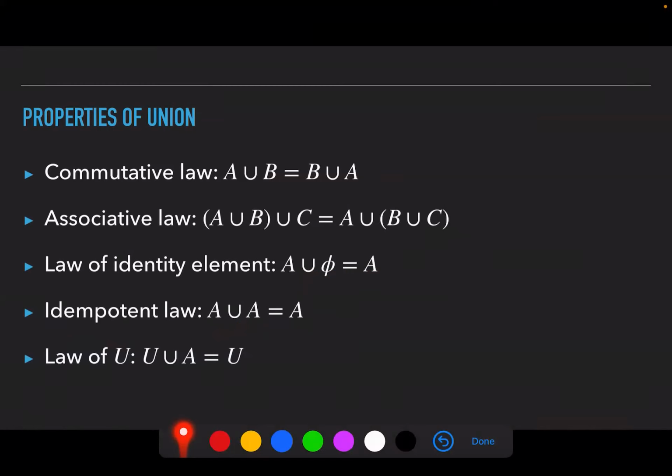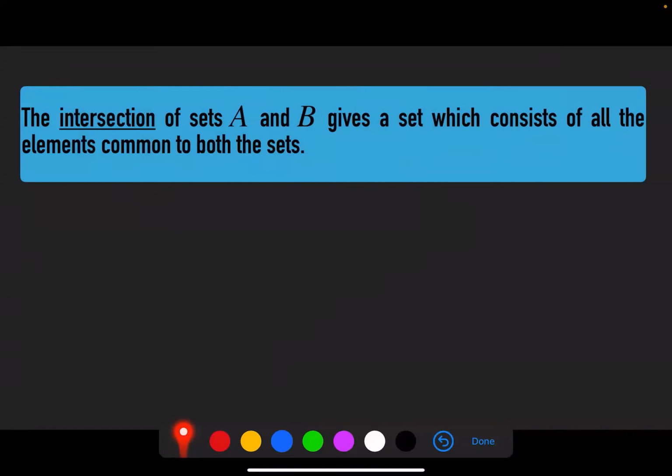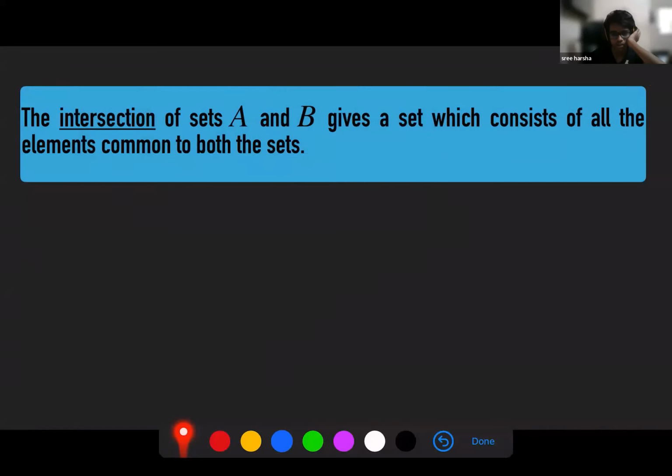If you take the universal set, by definition, whatever may be my context, a certain set is inside that universal set, right? So universal set union A should give you back U. I think these are pretty straightforward. Understood, right?